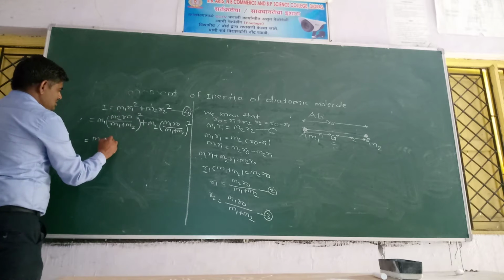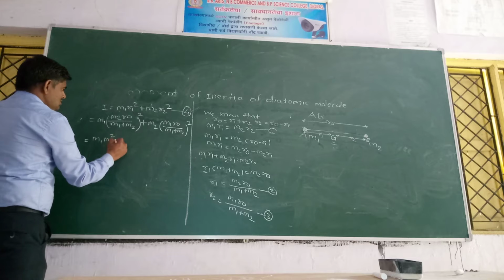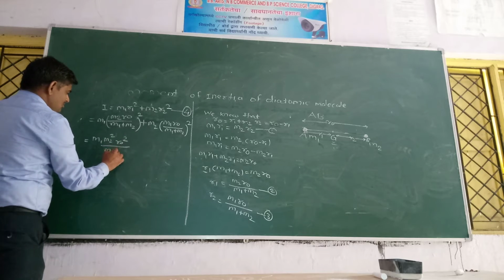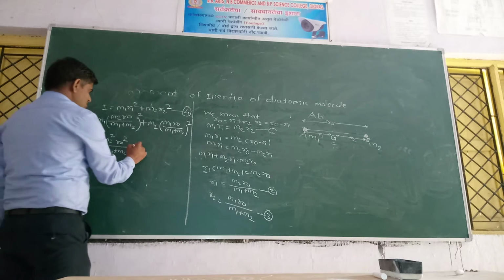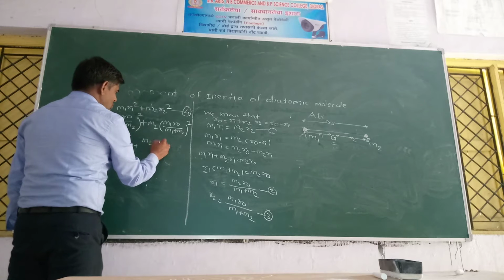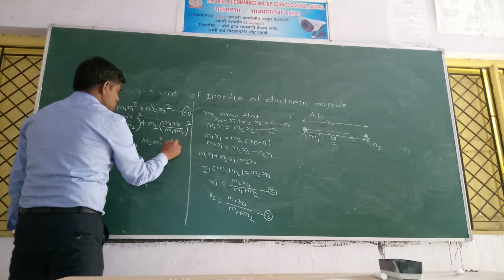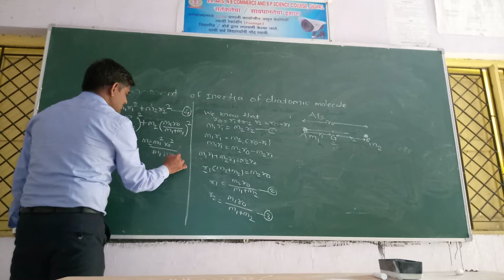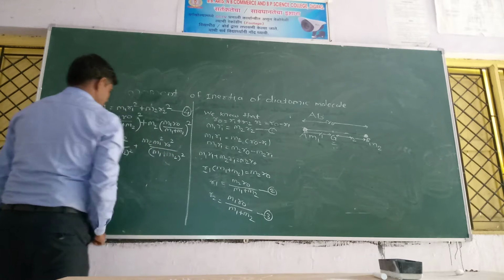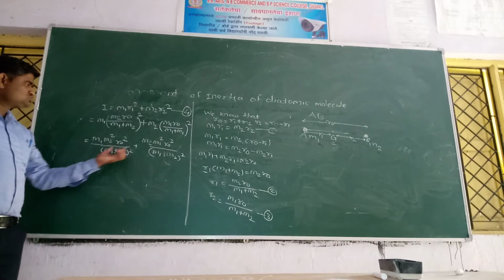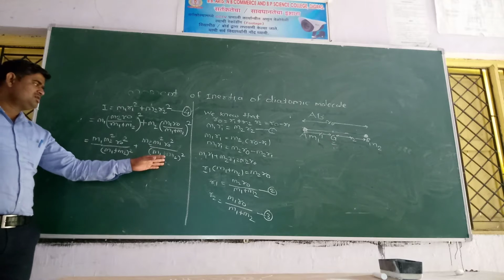M1 M2 square R0 square divided by M1 plus M2 bracket square, plus M2 M1 square R0 square divided by M1 plus M2 bracket square. We easily observe that the denominator of these two terms is the same.